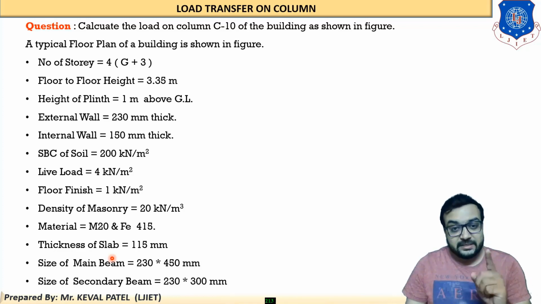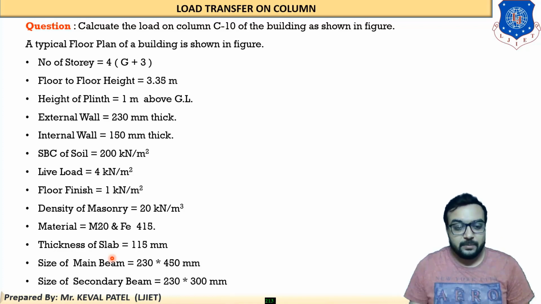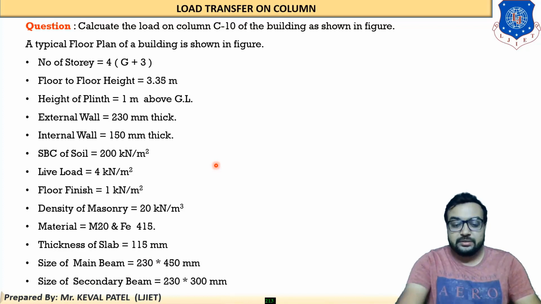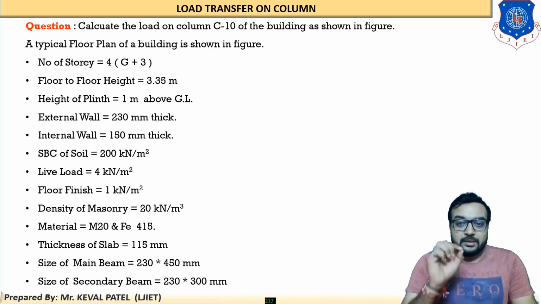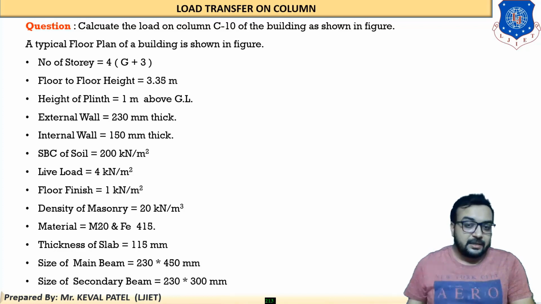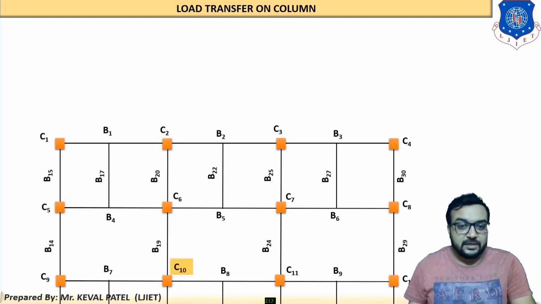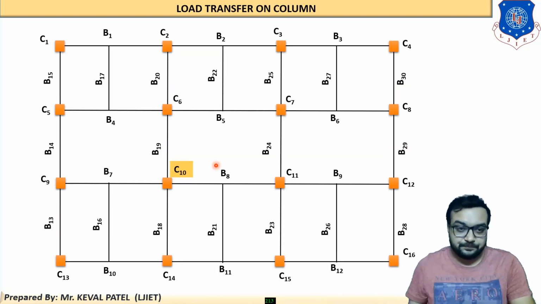A beam resting on another beam is called a secondary beam. The size of main beam is 230 cross 450 mm and the size of secondary beam is 230 cross 300 mm. Students, this is the data and now the figure is like this.